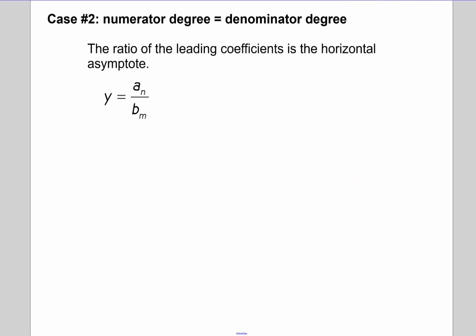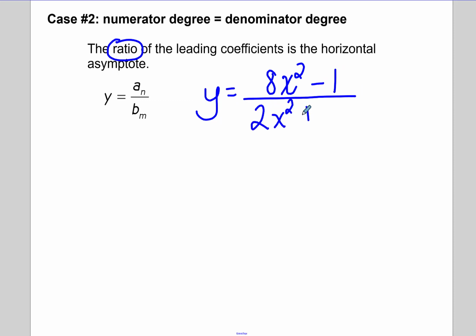In Algebra 2, you saw case number 2. That was when the ratio of the leading coefficients were compared. If the numerator degree was the same as the denominator degree, then you just compared the leading coefficients. An example of that would be, let's say, 8x squared minus 1 and 2x squared plus x minus 3.